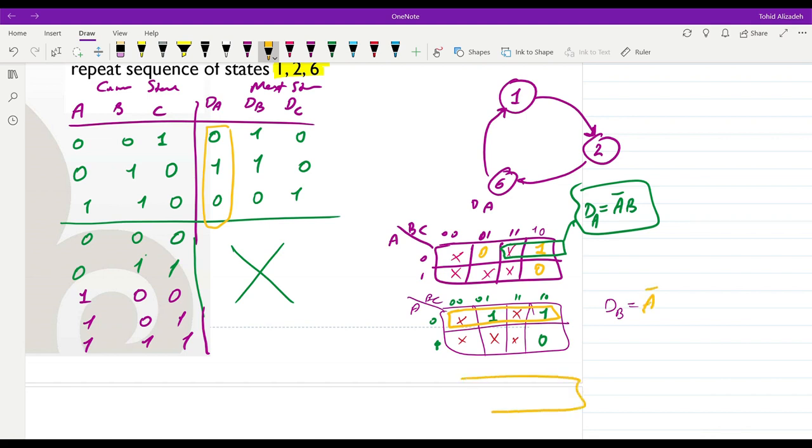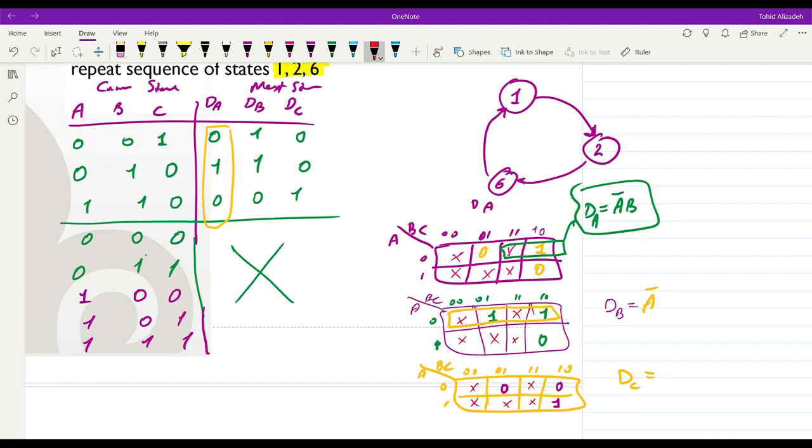And finally for DC we can obtain it. For DC, for 0, 0, 1 we have 0, for 0, 1, 0 we have 0, and then for 1, 1, 0 we have 1, and the remaining minterms are don't cares.